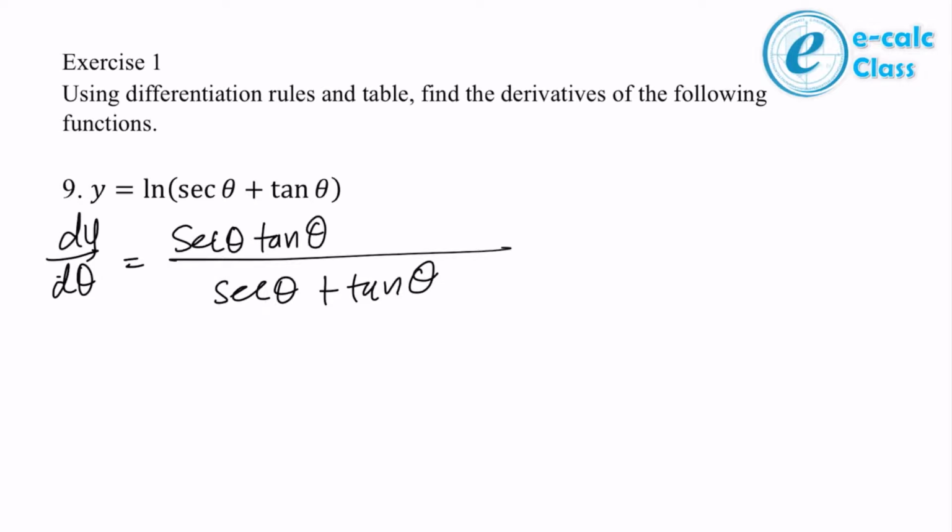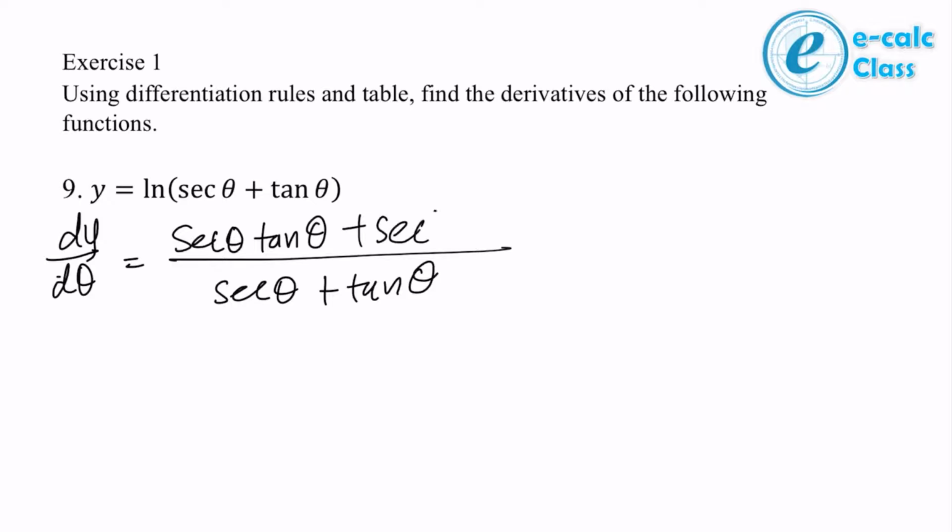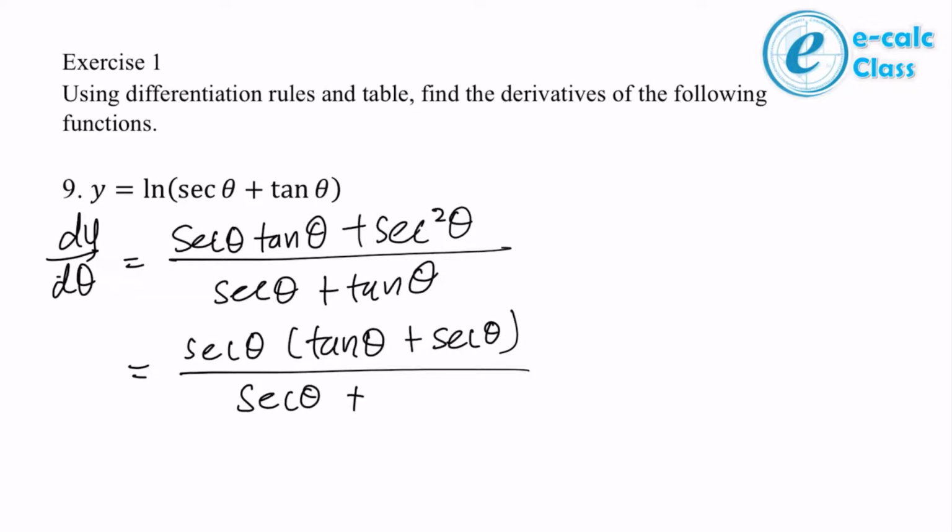You differentiate tangent, it should be a positive secant squared theta. And what can you do here? You can factor out your secant theta, and you can simplify with your denominator. So at the end, it is just secant theta, finish. You need to be very familiar with the chain rule and also how you manipulate the ln derivatives.